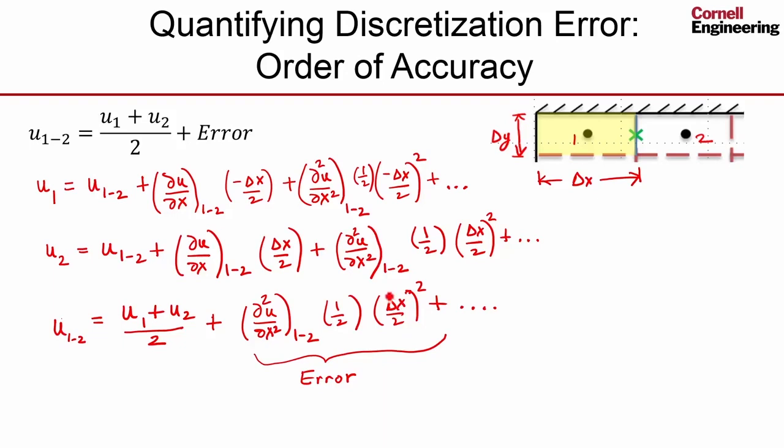And it's proportional to delta x squared. So the error is proportional to delta x squared because that is the leading term. And as delta x becomes small, this term in the error will dominate the other terms. And so you would say this is a second order accurate approximation.